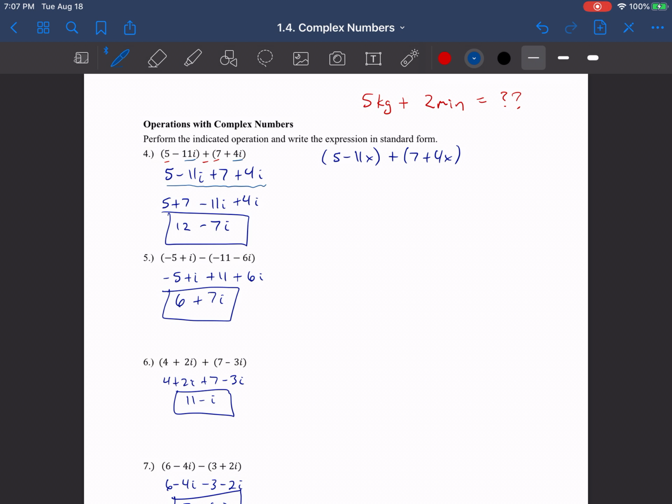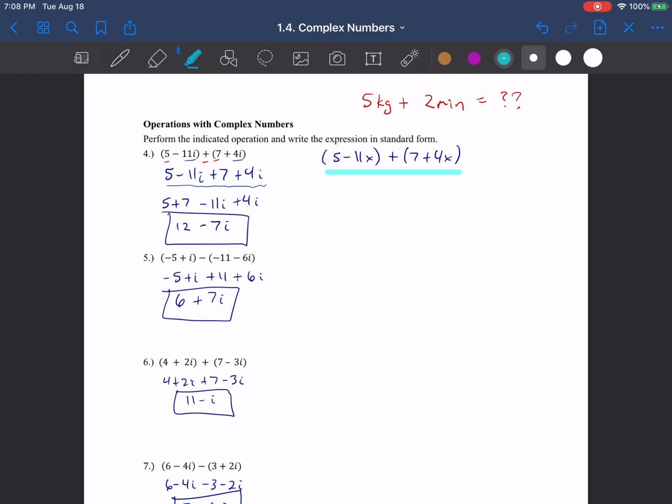And so then we end up with the 5 plus 7, that's the real parts added together, and then negative 11 plus 4i, that's the imaginary parts, and 5 plus 7 is 12, and negative 11 plus 4 is negative 7. So we end up with 12 minus 7i. All right, so you're just adding the like parts. And to show a little example, over here of another similar thing, I did it here where I replaced i with the variable x.